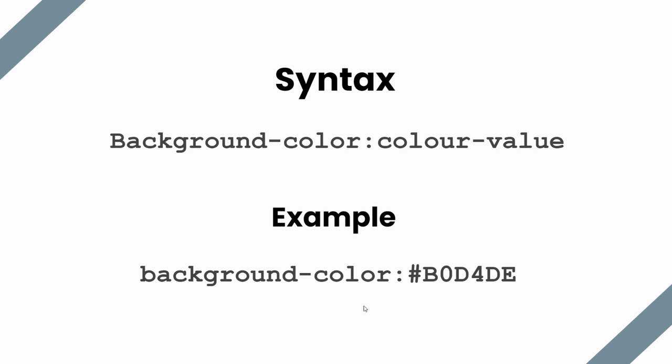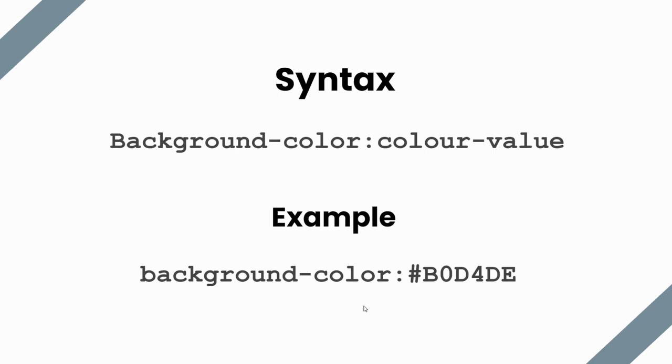And by color value, we mean it could be a named color, an RGB color, an RGBA color, an HSL color, an HSLA color, and a hex value color. So any of those six color types can actually be attached to the background color in the syntax. That's why I didn't put a particular color here.